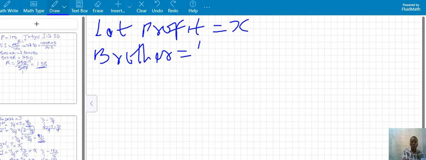He has 1 over 3 of the profit, so that means his own amount is X over 3.